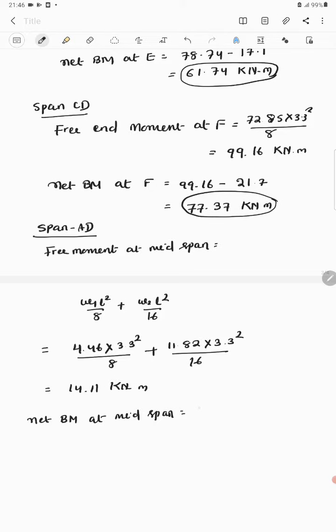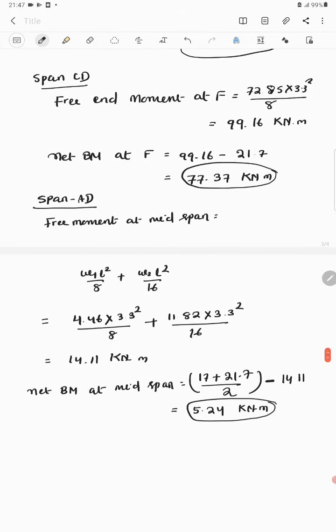So 17.1 or 17. So 17 plus 21.7 divided by 2 minus, this is a fixed end moment, minus 14.11, which is equal to 5.24 kilonewton meter. This is for sidewall maximum bending moment, that is at the center.